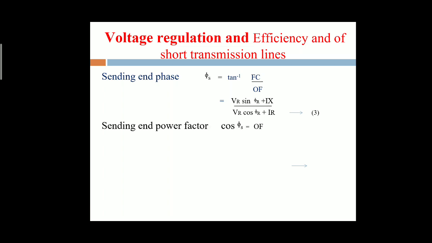Next one is the sending end power factor, that is cos phi s. Cos phi s is OF by OC, where OF is VR cos phi r plus IR and OC is Vs, the sending end voltage. Okay, it is equation number 4.